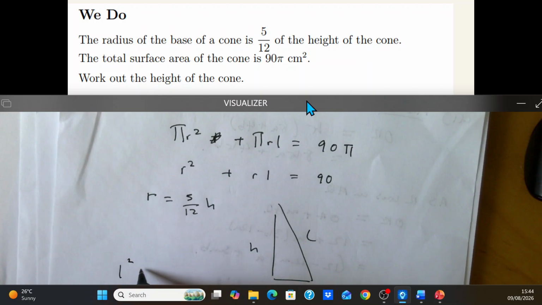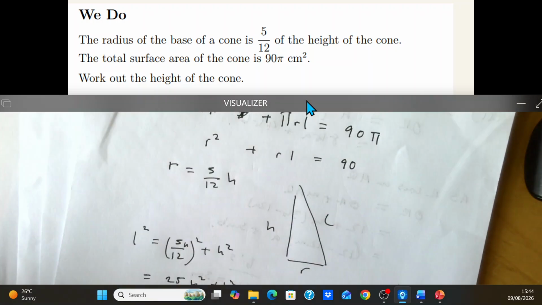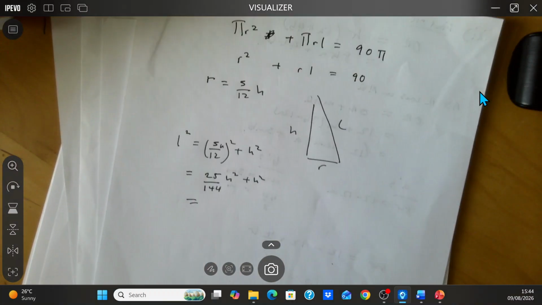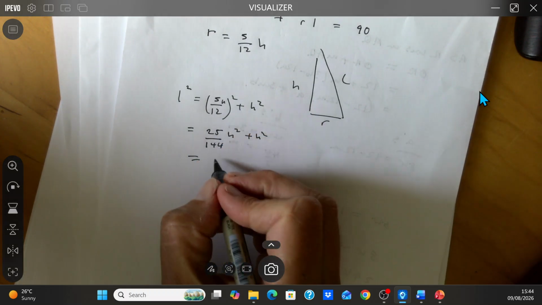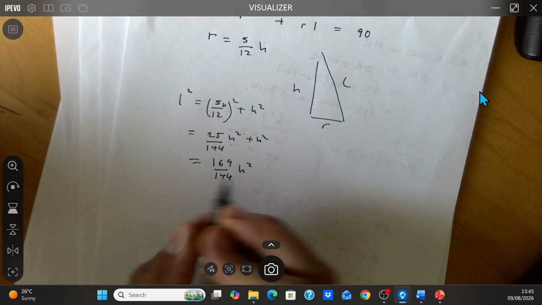So L squared equals 5/12 h squared plus h squared, which equals 25/144 h squared plus h squared, which gives me 169/144 h squared.